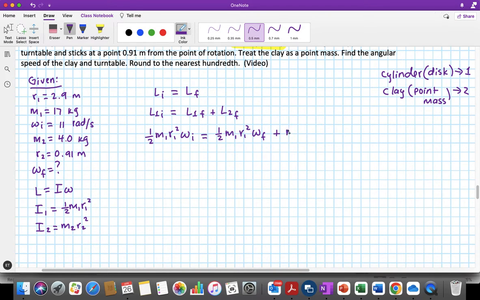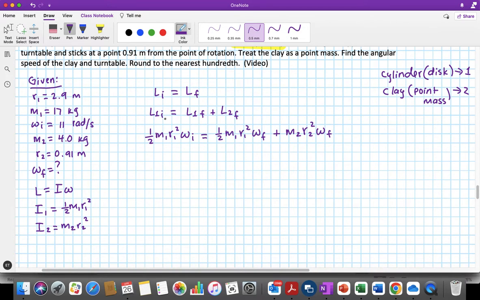That would be m2 r2 squared. Again, the mass of the clay is not changing, nor is its radius, times omega final. We have to solve for final velocity.